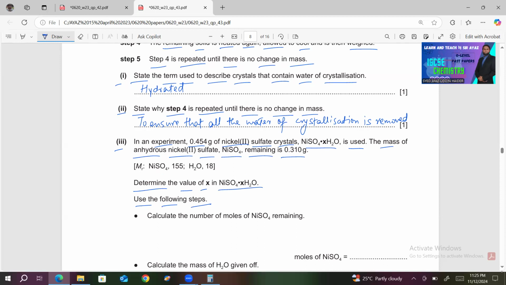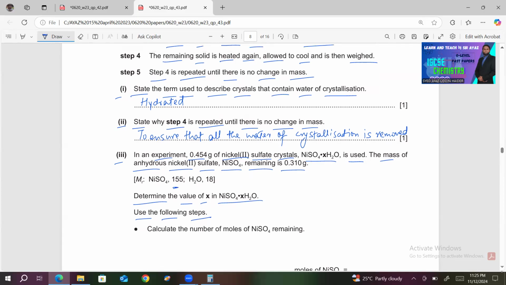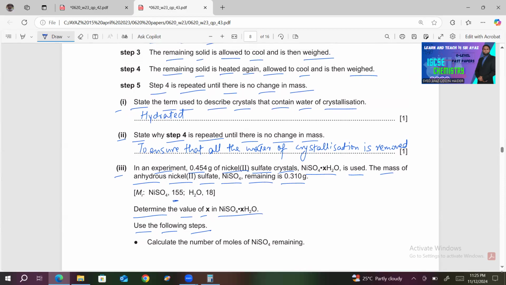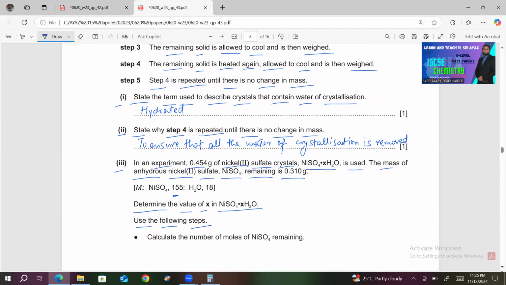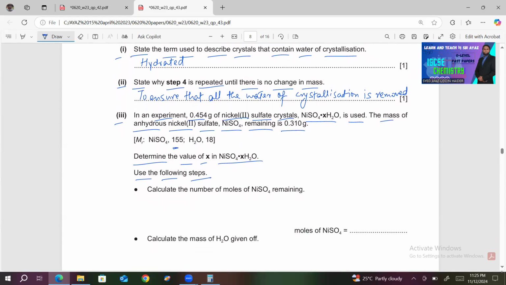So we need to calculate the number of moles of NiSO4. You need to divide the mass of NiSO4 by its Mr. Mr of NiSO4 is given. So first of all, we need to find the mass of NiSO4. Anhydrous NiSO4, it is 0.310.